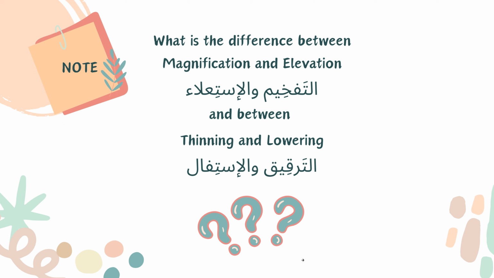What is the difference? Do we always say harf mufakhkham, or do we also use musta'li, elevated and magnified? Is there a difference in the meaning? When we say harf muraqqaq, and we also say harf mustafil, when do we use this word and when do we use that word? Let's have a look.